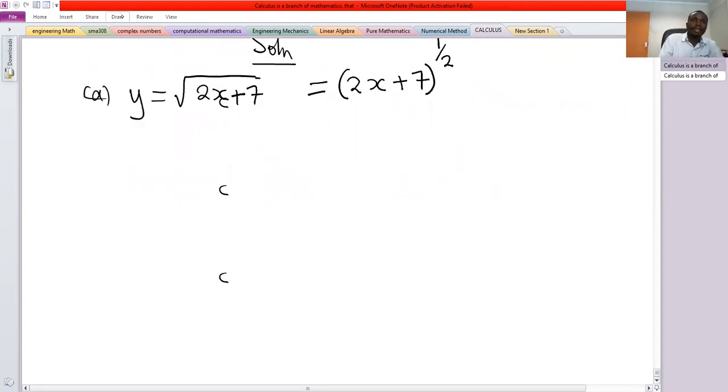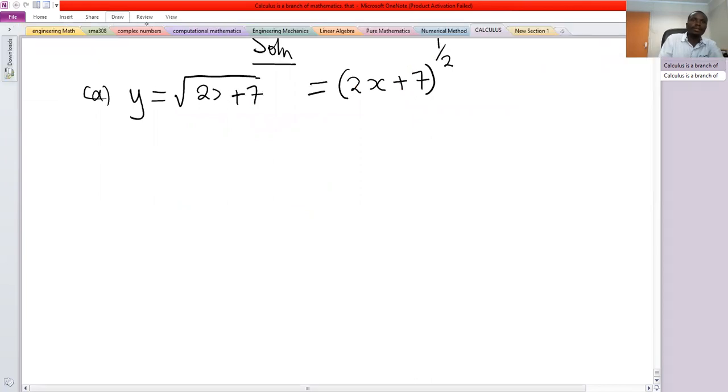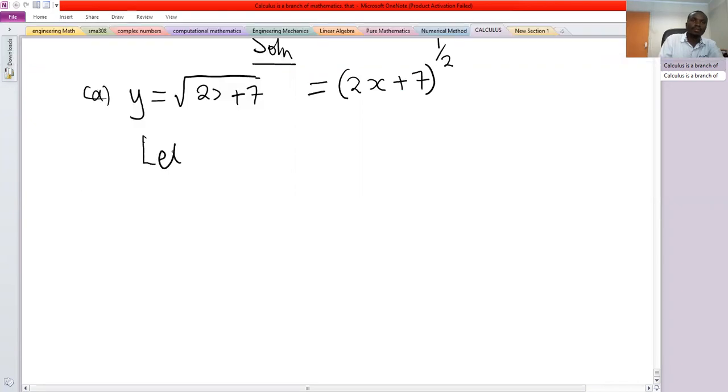And then we say let what is inside the bracket be u, to be 2x plus 7. And so this implies y will be u power half, because I'm fixing this part to be u.